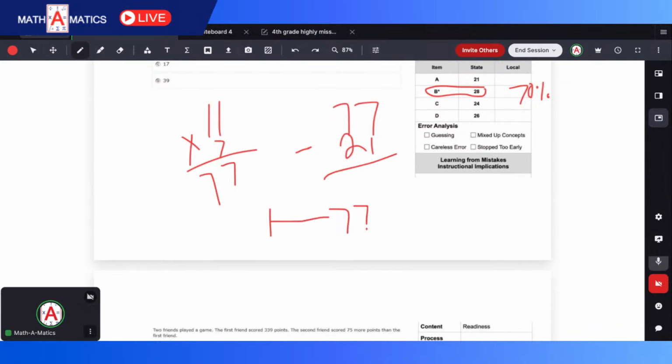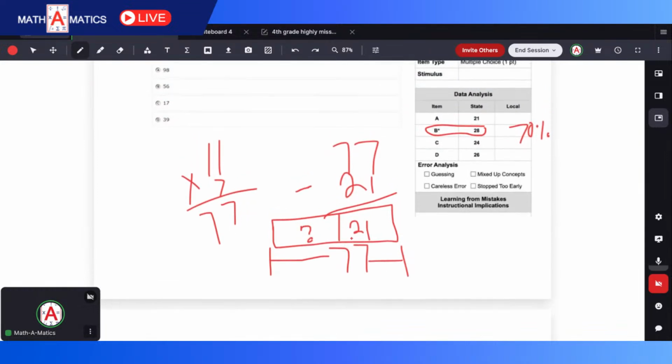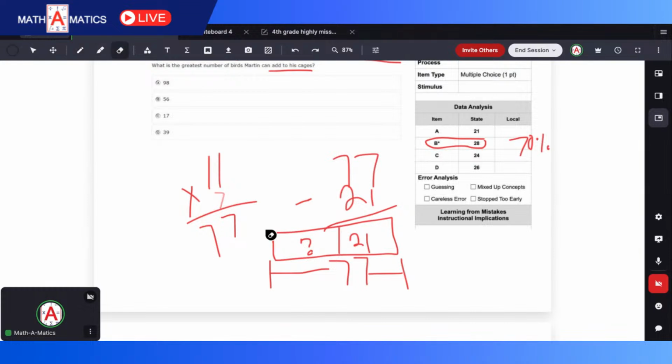So having that 77 is our total, and then knowing that the total cages are made up of 21 and something's missing here. That's what we're looking for. And we teach our students that you subtract what's missing here. And I would write it like that. Let me erase that so that I can write underneath here.